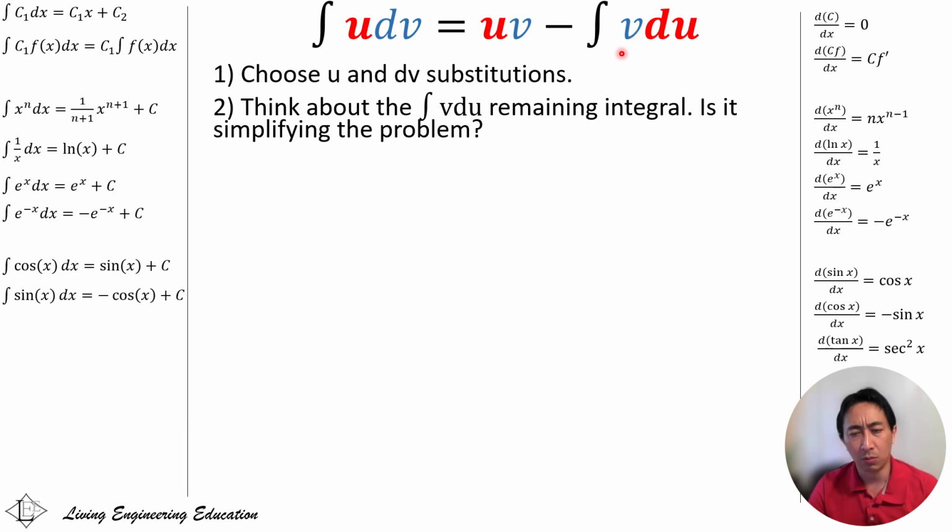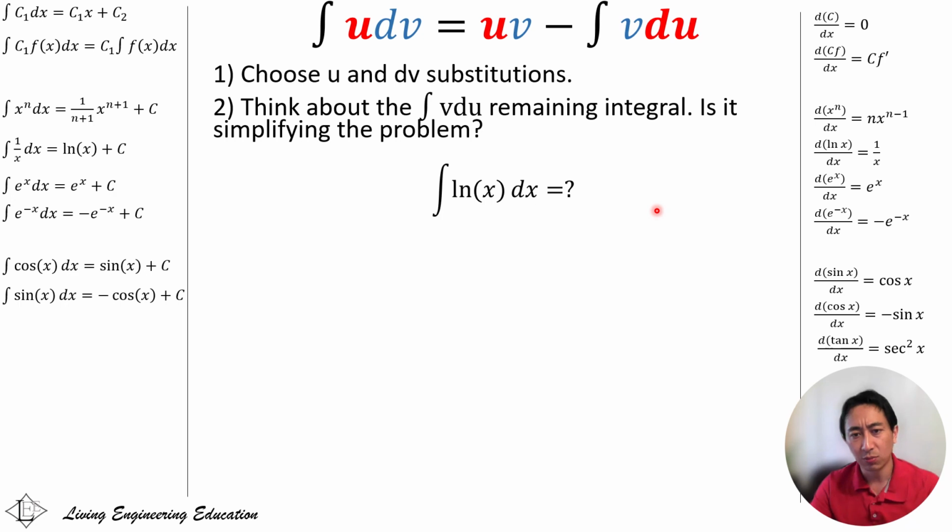So we'll take a look at the next couple of problems to see what makes sense and what doesn't. Sometimes there's only a couple of options, so you can use the trial and error method, but you'll see a pattern start to arise.